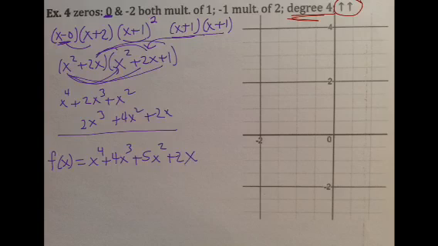So let's go ahead and plot the points. So I have 0, -2, and -1. Okay, it's going to bounce off of -1, and it's going to go through -2 and 0.